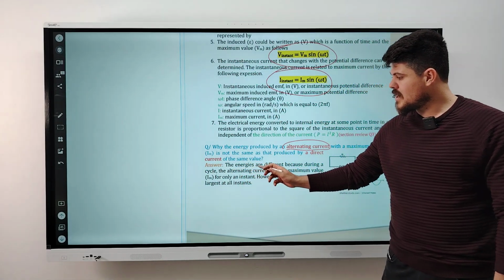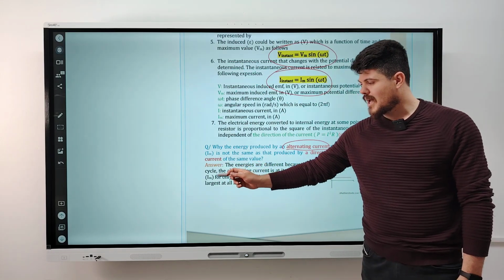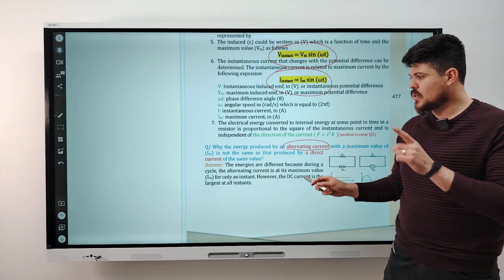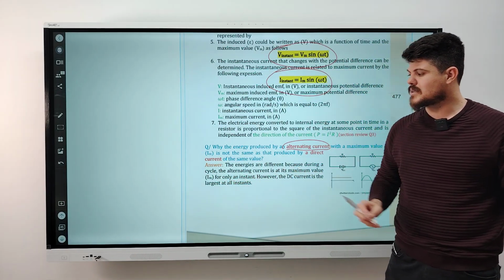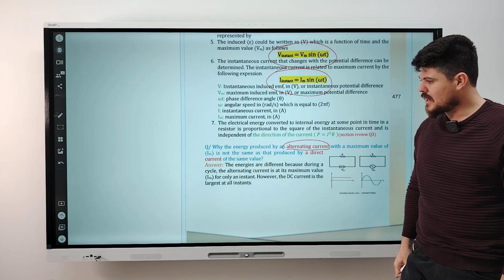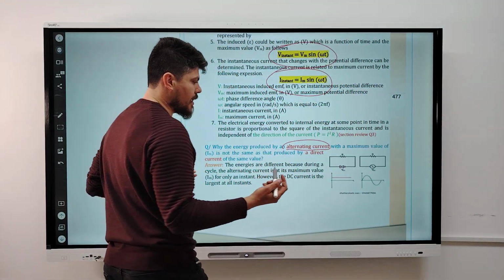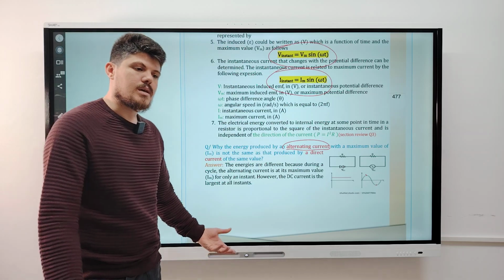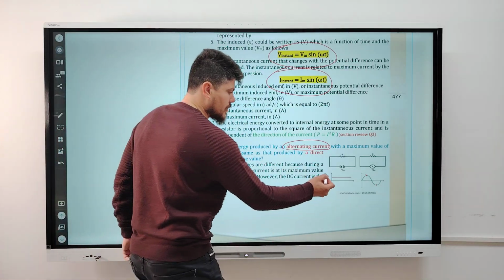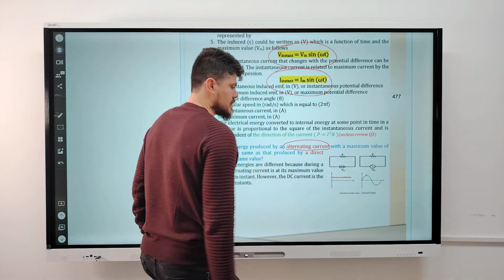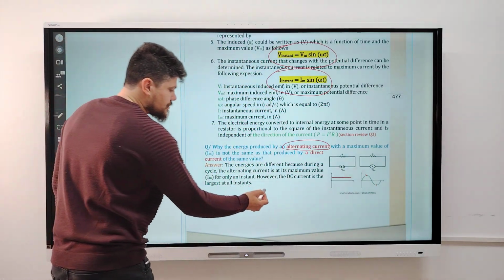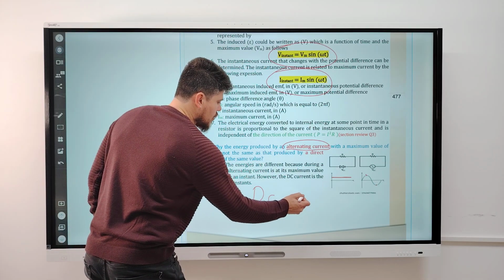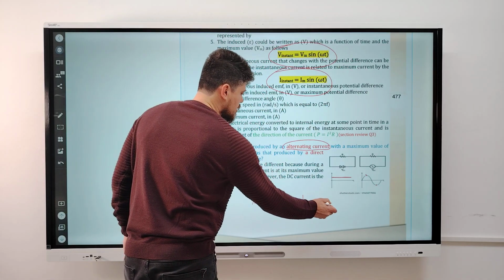So the energies are different, because during a cycle, the alternating current is at its maximum value only for an instant, while the DC current is the largest at all instants. At the other points, AC is less than the maximum value, but direct current always has the maximum value. So we can conclude that in DC current we have only maximum values.